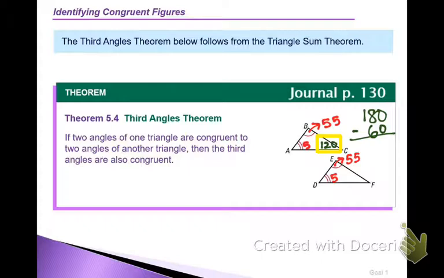Still 60. What's 180 minus 60? Still 120. So I didn't do anything to make these two congruent. But because they have the same two other angles, the third one has to be congruent, because they all have to add up to 180. All right, does that make sense? Yes. Okay. All right, let's do our first example.